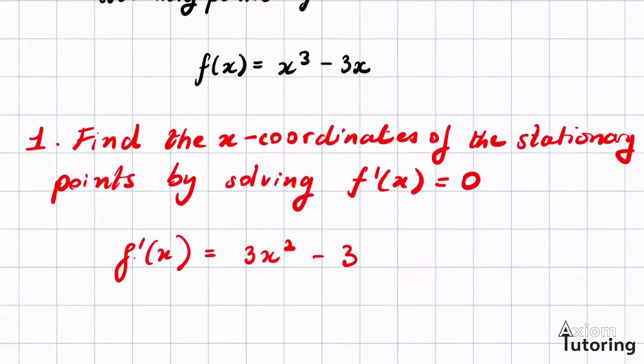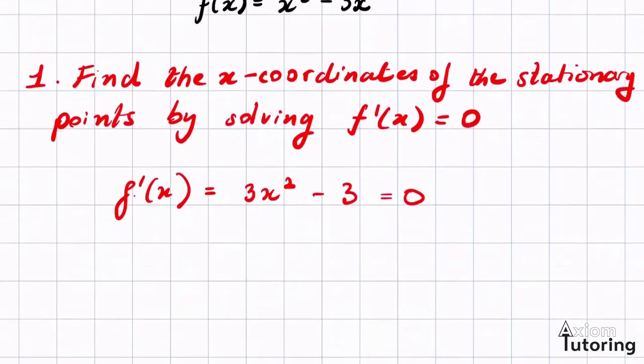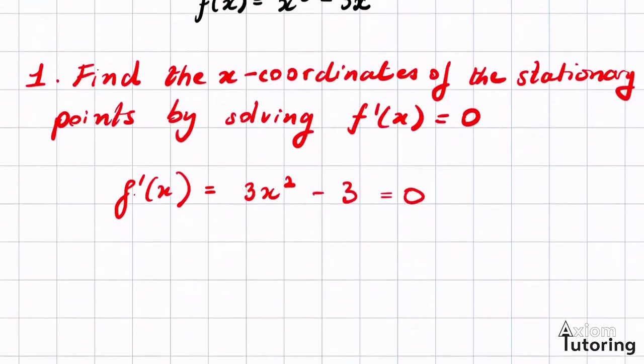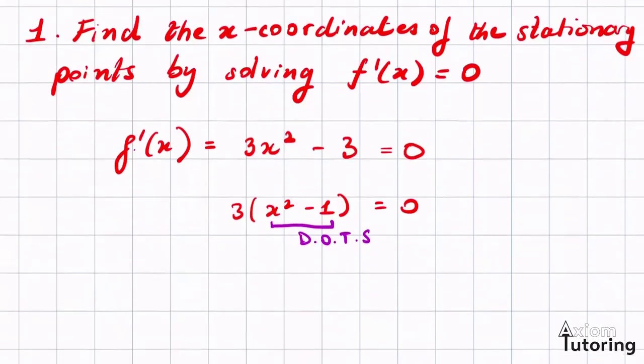So we now want to solve this by equating it to 0. Notice that we can first take out a factor of 3. What remains inside the brackets is x squared minus 1. Now you should recognize this as being the difference of two squares, so we can factorize it as follows: 3 bracket x minus 1 bracket x plus 1 equals 0.